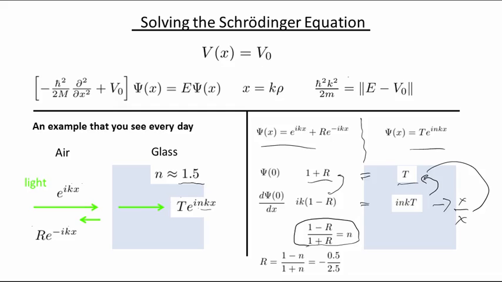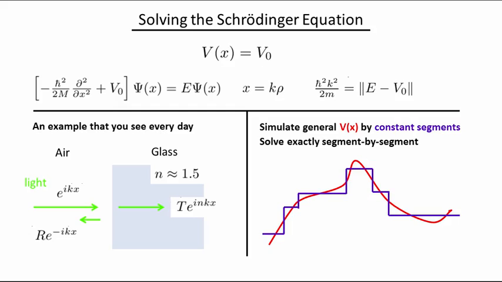You see the k, the wave vector, disappears, as does the transmission coefficient, and then it's easy to invert this equation to get this. So r is equal to minus 0.5 over 2.5, which is 1/5 in magnitude. So the actual reflected intensity is r squared, which is 0.04, so it's 4%. This is about right. When you put light through a window, at normal incidence, about 4% is reflected.